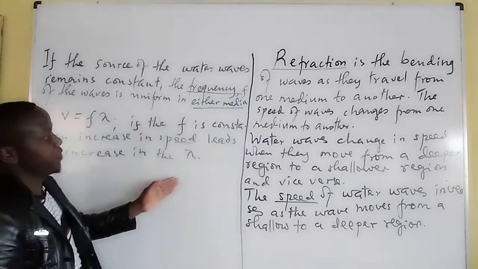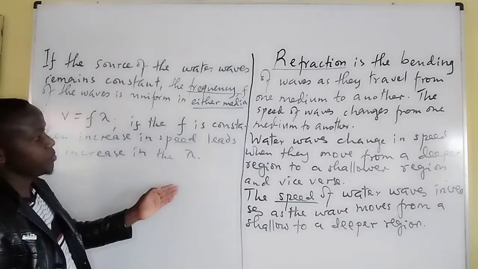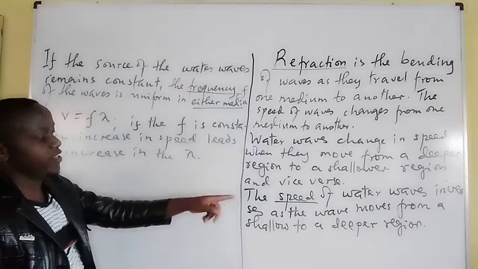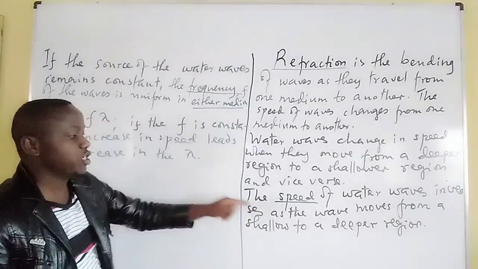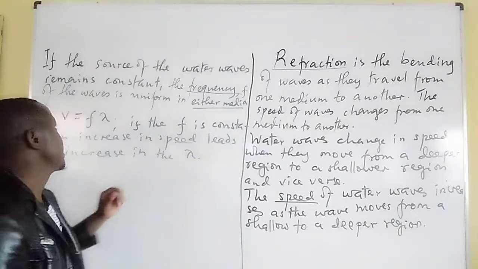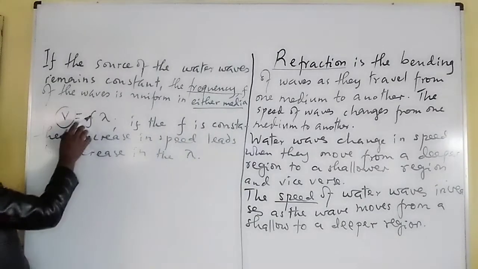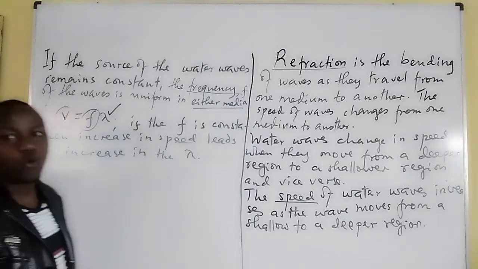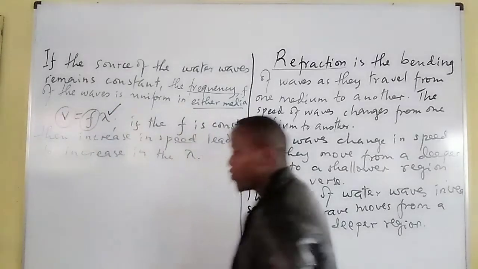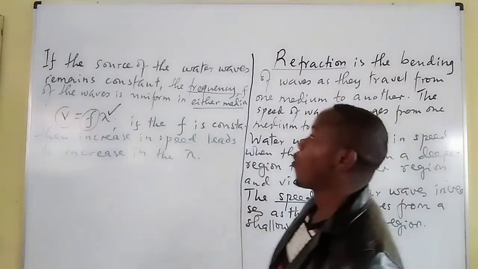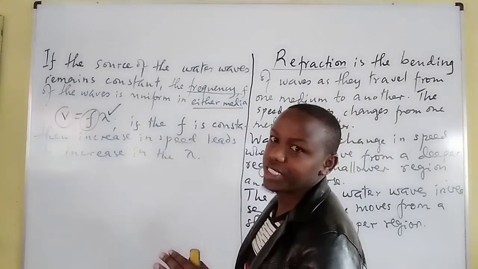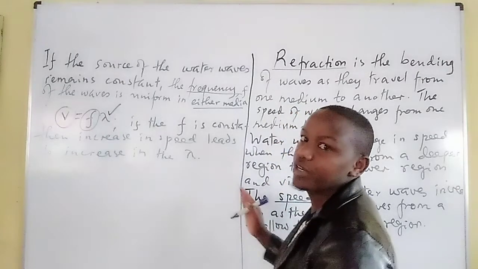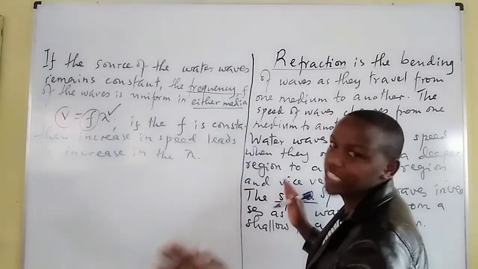Because water waves are moving from a shallow region to a deeper one, and in the deeper one the speed increases, maintaining frequency constant, the wavelength will also increase. That results in a conclusion that when water approaches a deep region from a shallow one, in the deep region it moves with a larger wavelength.